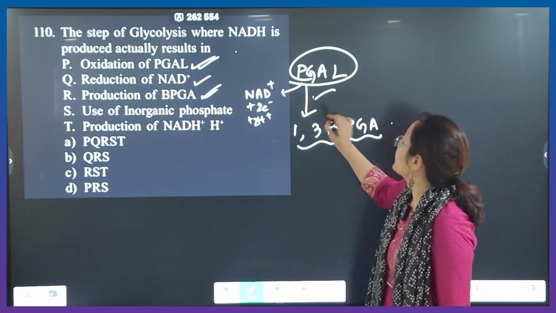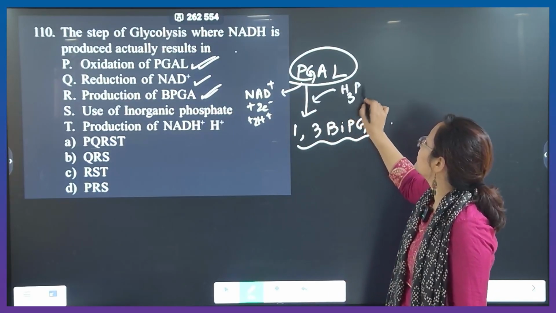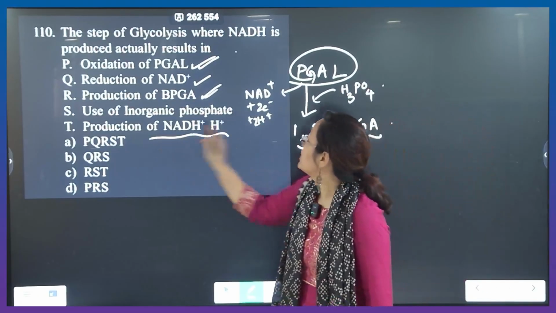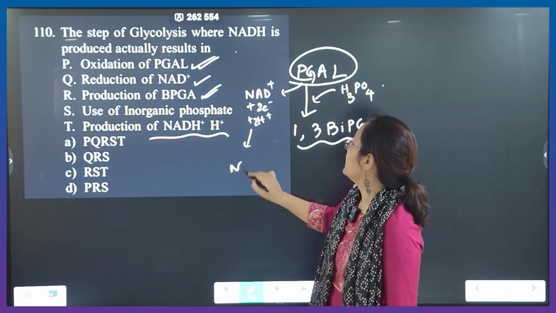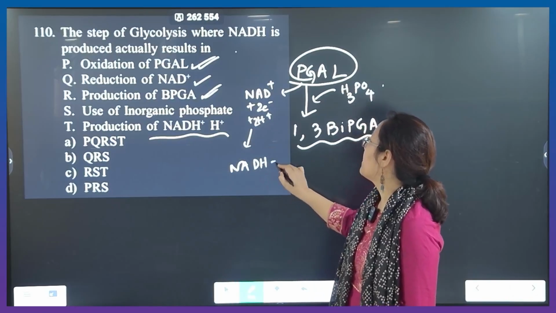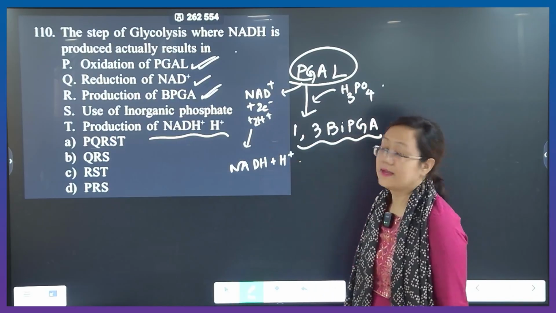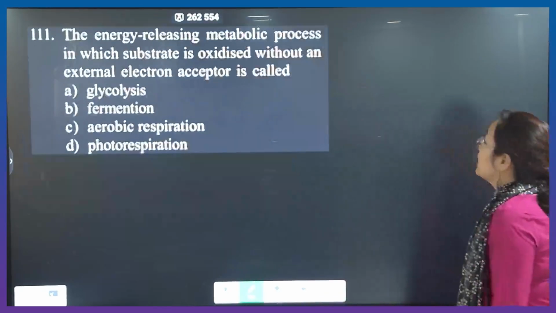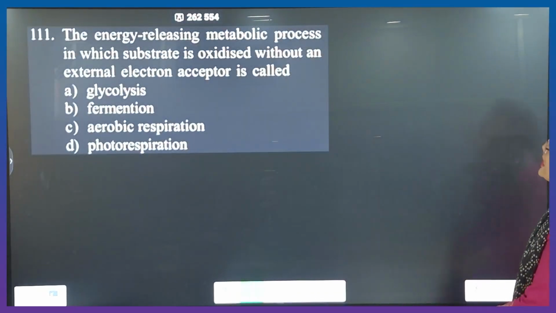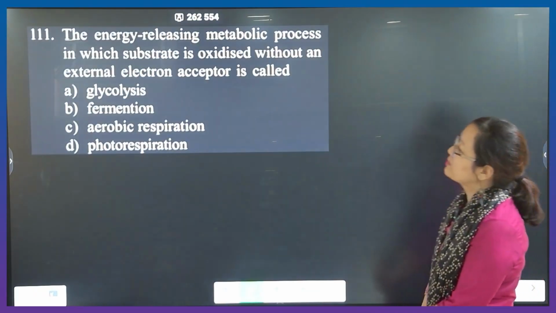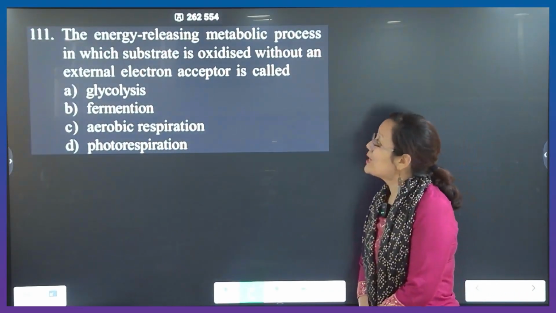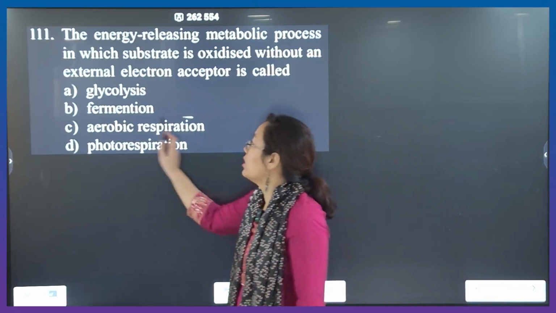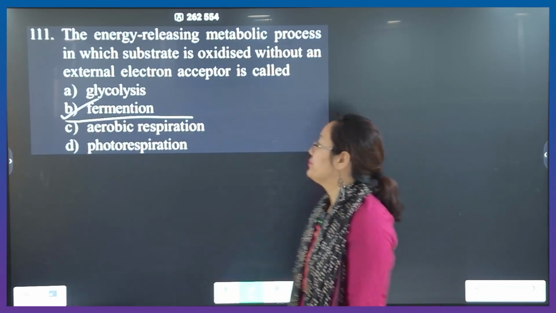And इस स्टेप में again there is use of inorganic phosphate, that means phosphoric acid, and production of, ये रिडक्शन करके क्या बनता है NADH plus ये बनता है. Okay, so it will be this. 10, 11. Energy releasing metabolic process in which substrate is oxidized without an external electron acceptor. That process will be called as fermentation.